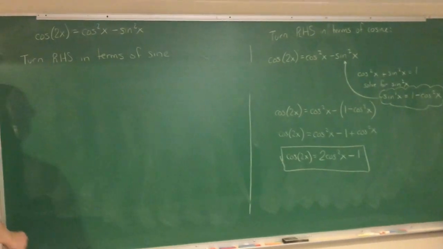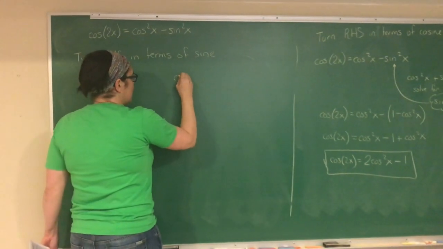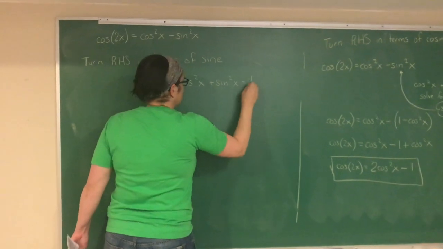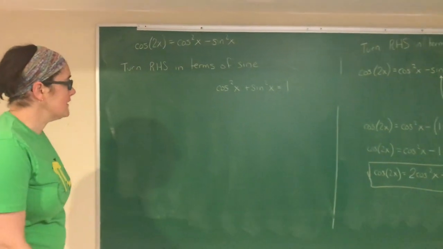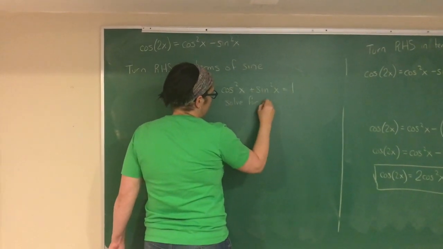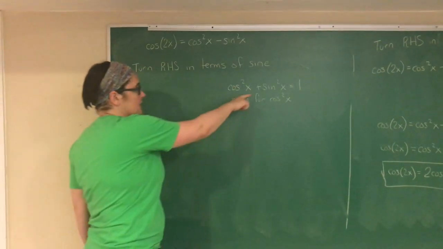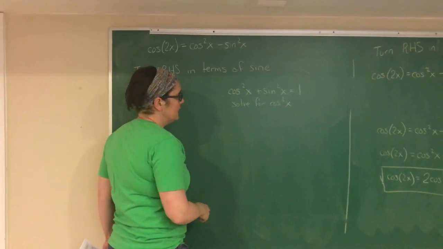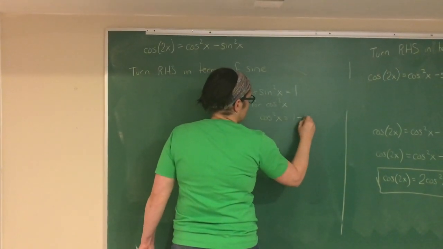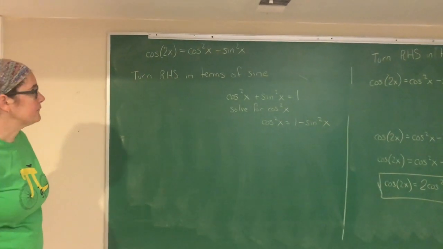Now we're going to do this in terms of sine. Okay, so I'm going to use that Pythagorean identity, the best one ever, cosine squared x plus sine squared x, but this time I'm going to solve for cosine squared x, which means that I'm going to subtract the sine squared from both sides, and what I'll get is cosine squared x is equal to 1 minus sine squared x. Okay?